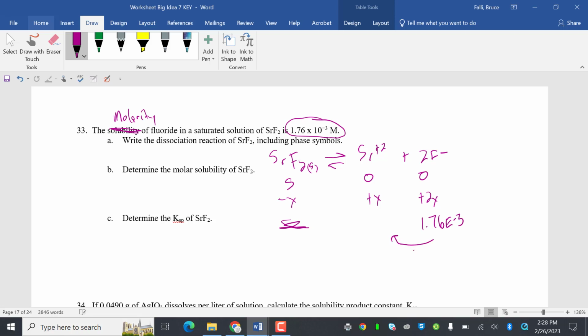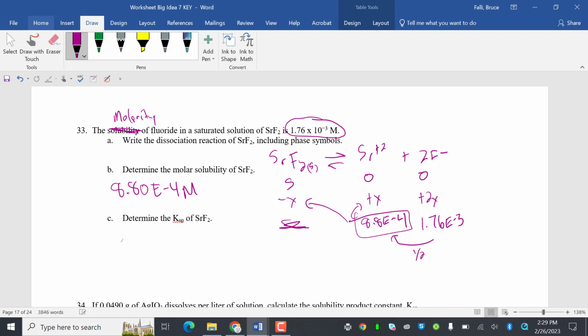So this is going to be half as much, right? So I'm going to take that number, 1.76 E negative 3 divided by 2, and get 8.8 E negative 4. And determine the molar solubility, that's x, right? So that equals x, which equals 8.8 E negative 4. I'm going to put my 3 sig figs on it because you know I love those. 8.80 E negative 4 molar.